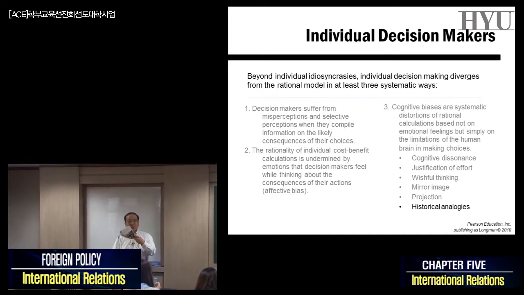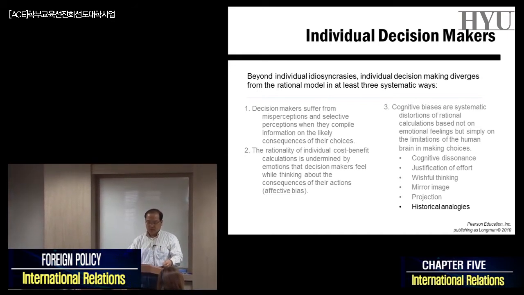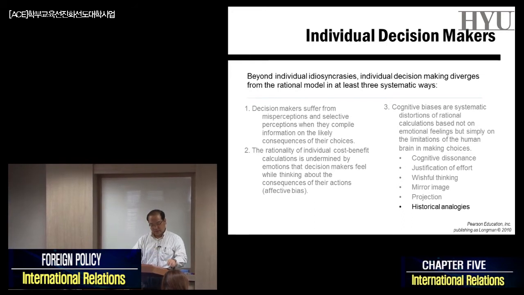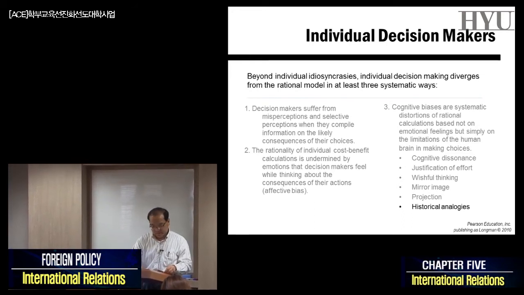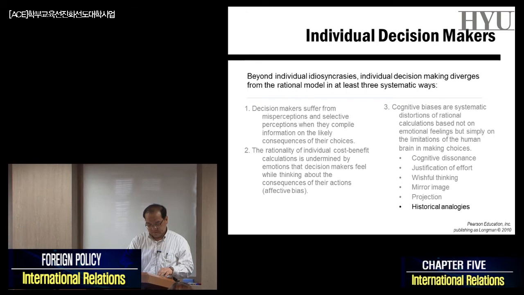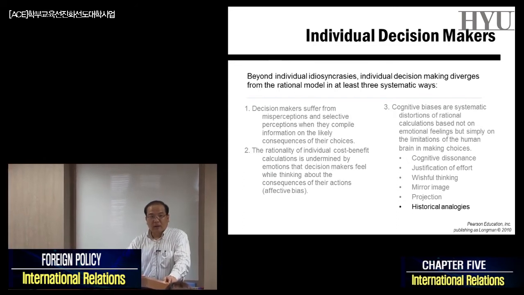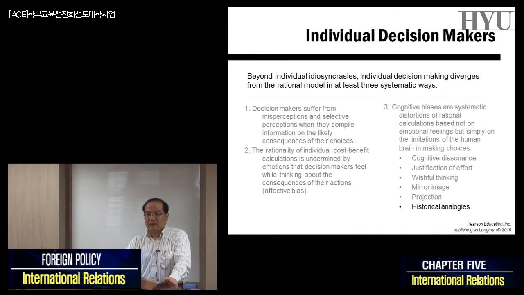There are two additional things that raise questions about the rationality, which is groupthink, group psychology, and crisis decision making.